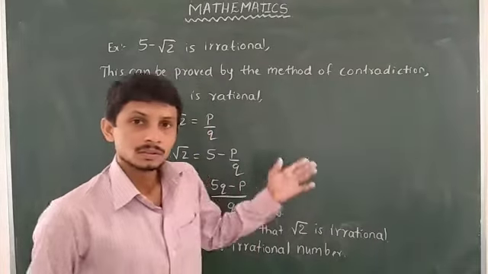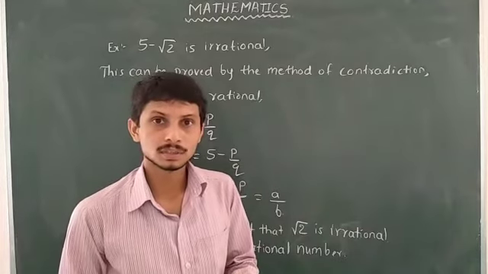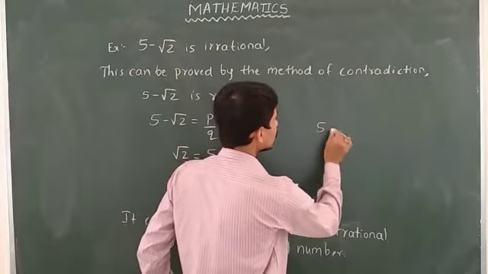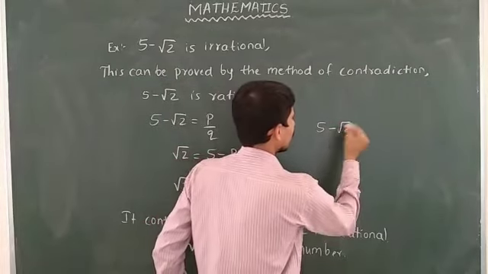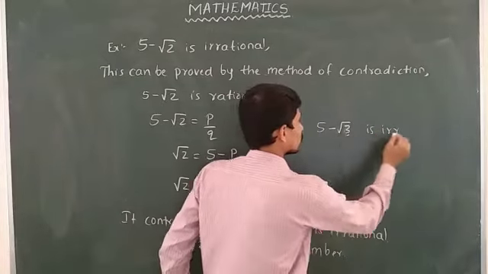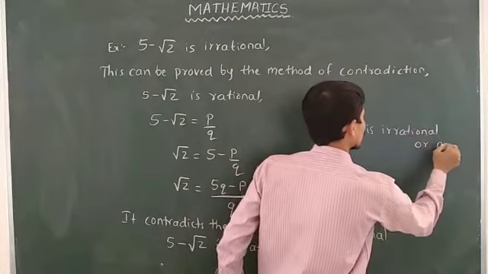Likewise, you already solved that root 2 is irrational, so likewise you have to solve 5 minus root 3. Is 5 minus root 3 irrational or not?